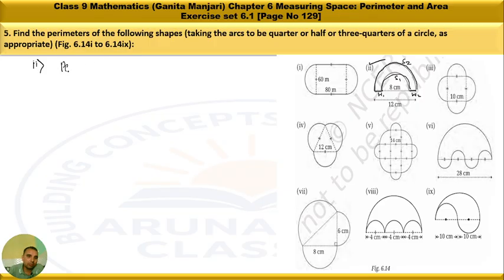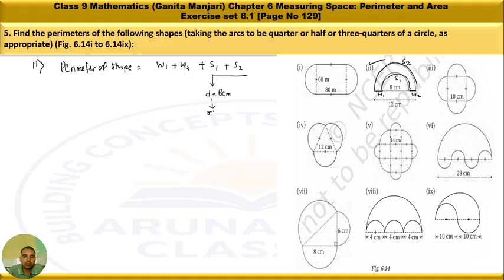So here the perimeter of the shape we can find by adding these lengths: width 1 plus width 2 plus the arc length, or you can say the semicircle length, S1 plus S2. Semicircle 1 has a diameter of 8 centimeter.